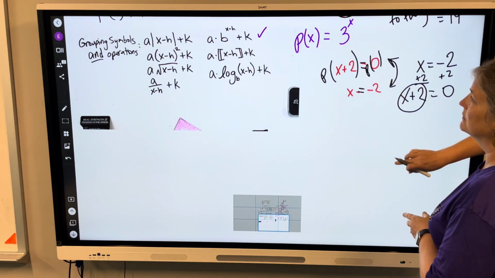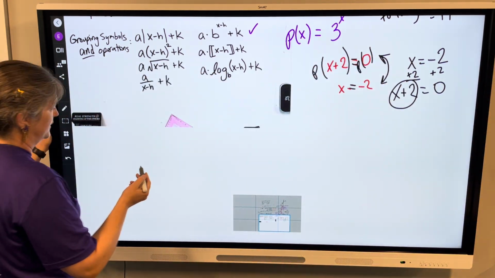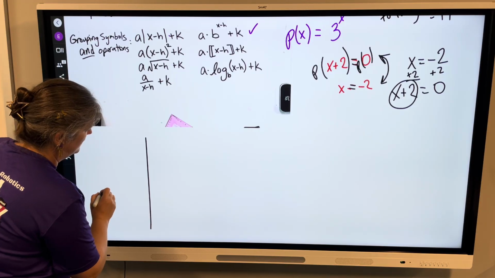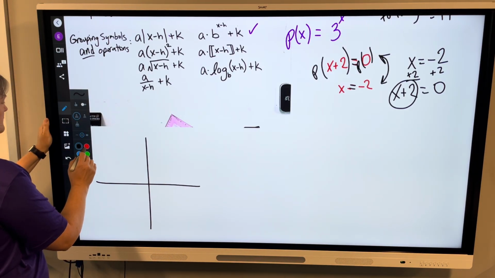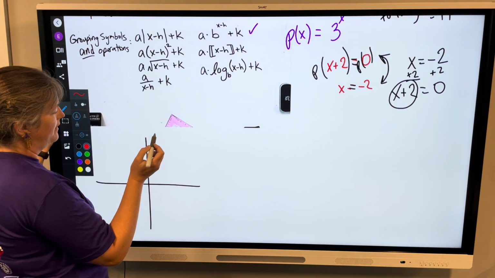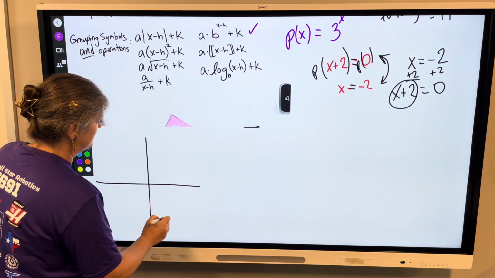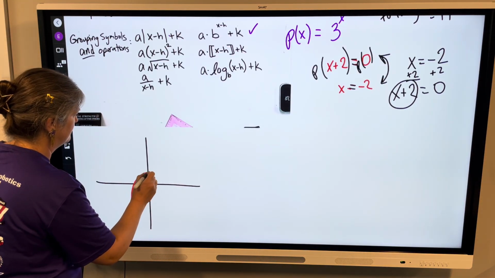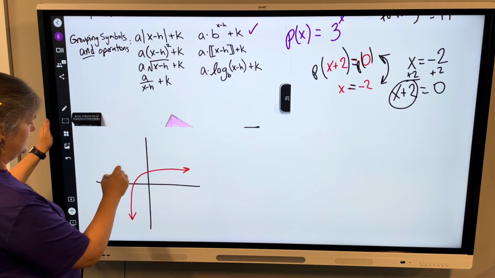I'm going to pick a different function. We'll graph it. We'll see what we can do with it. So if I have a graph like, let's say it does this, and then it does this.